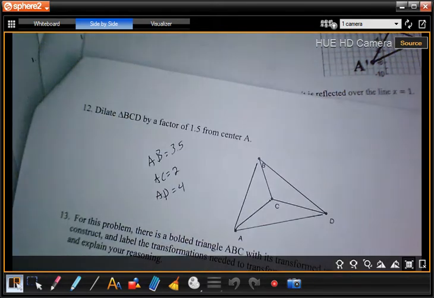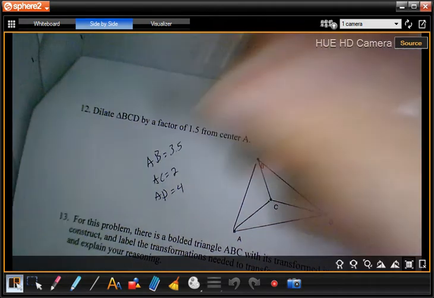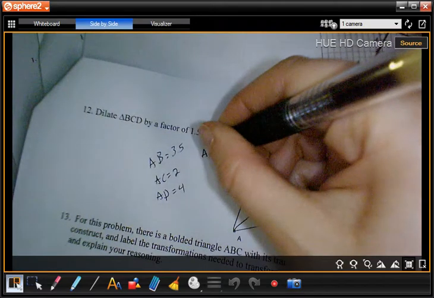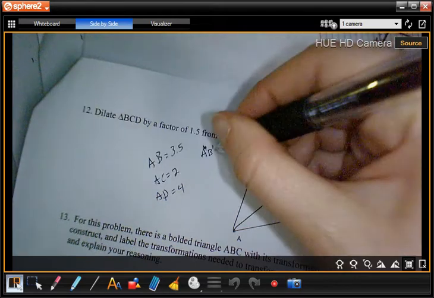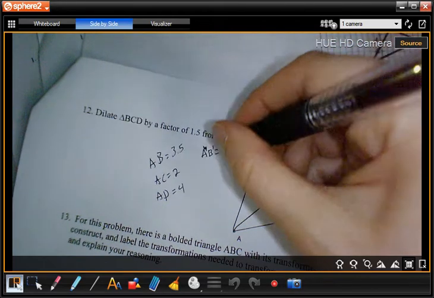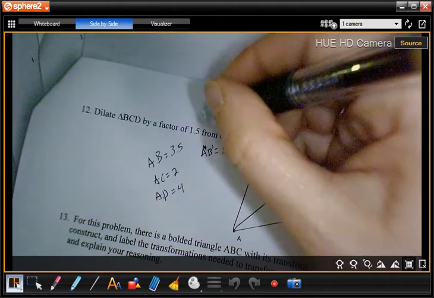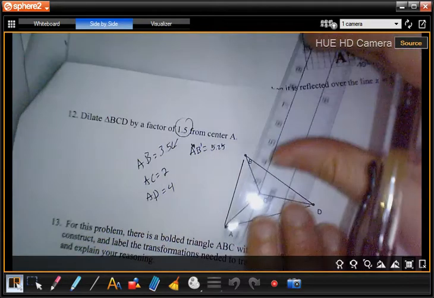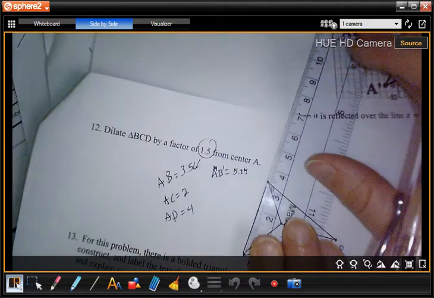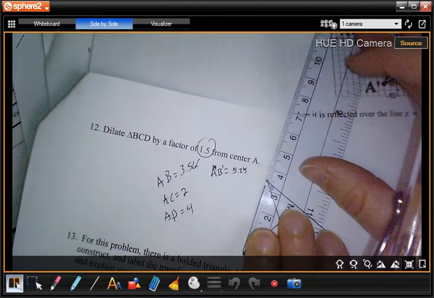Okay. I want a 1.5 factor dilation. So my new A to B, A to B image should be 5.25. Do you see that I took this and I multiplied it by that? Now I have to measure it from A, and I want 5.25.